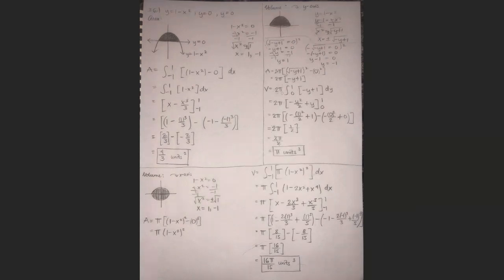The first thing I did was graph it, and then I found the points of intersection to find the lower and upper limits by setting the two functions equal to each other. I found x equals 1 and x equals -1. So that will be the lower limit and the upper limit.